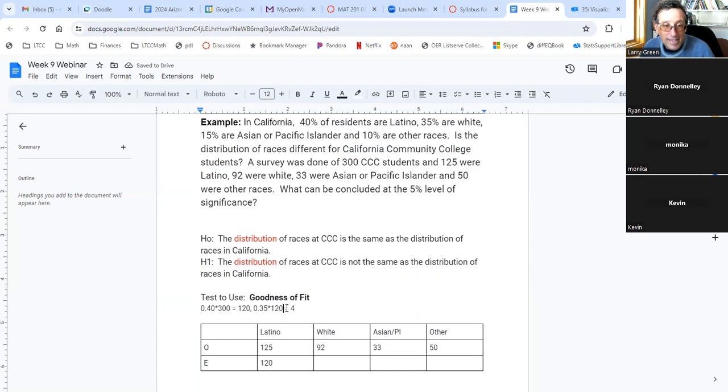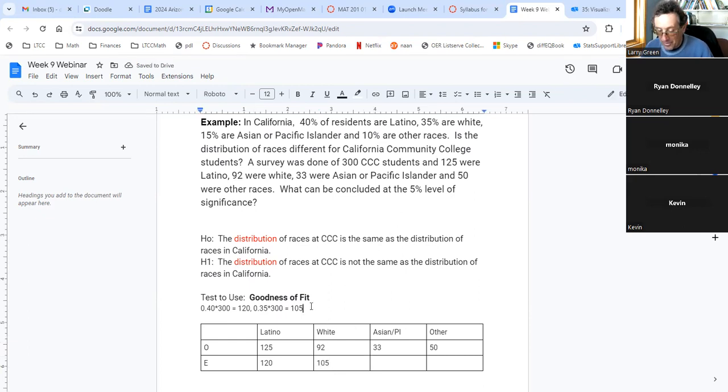Sorry, not times 120, I made a mistake. Times 300, my error. 0.35 times 300. That's our sample size. Sorry about that typo. So 0.35 times 300, because we had 300 students, we would expect 35% to be white. 0.35 times 300 is 105. That's the expected for whites.